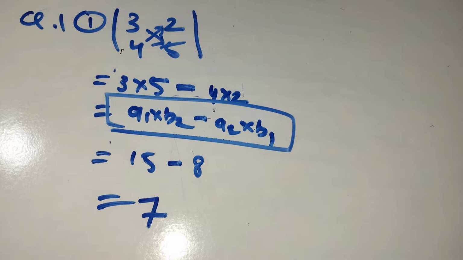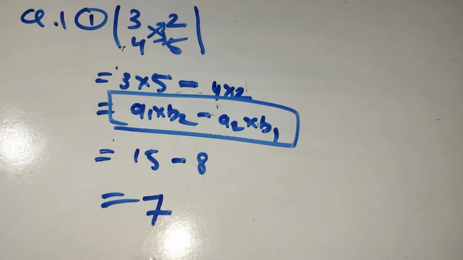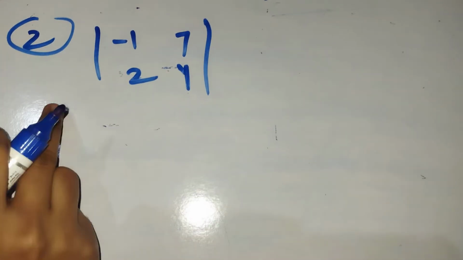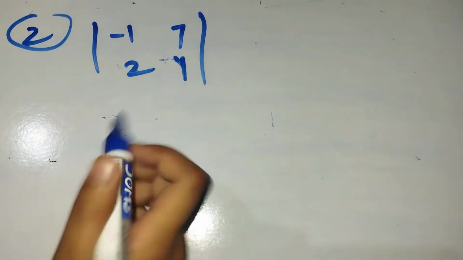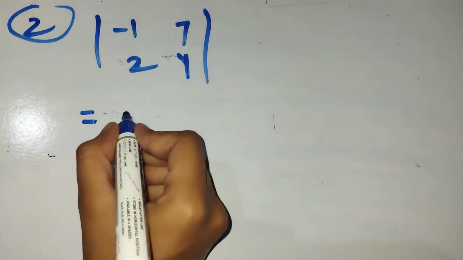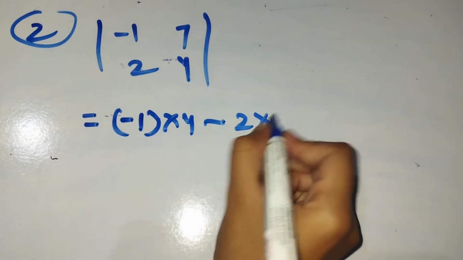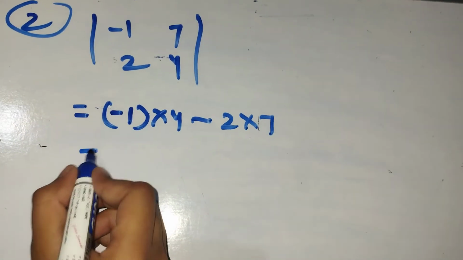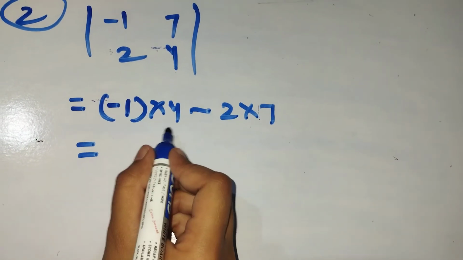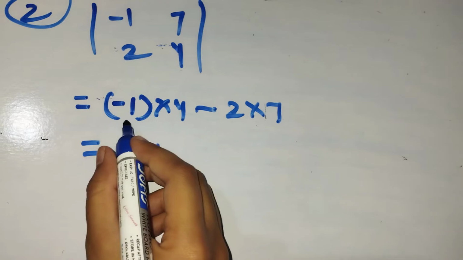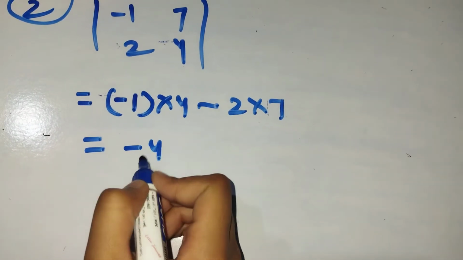Simple. Take it simple. Now we are going to jump to the second question. The second question is -1, 7, 2, 4. How to solve it? Similarly: -1 multiply by 4 minus 2 multiply by 7. Take it easy and solve it. -1 multiply by 4, you will get -4. Whenever you multiply a number with a minus sign, you will get the same number with a minus sign.